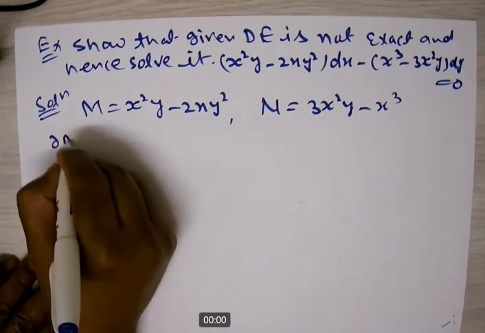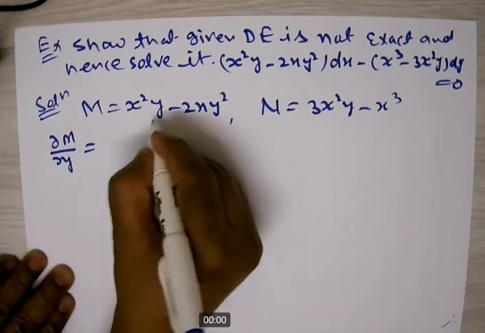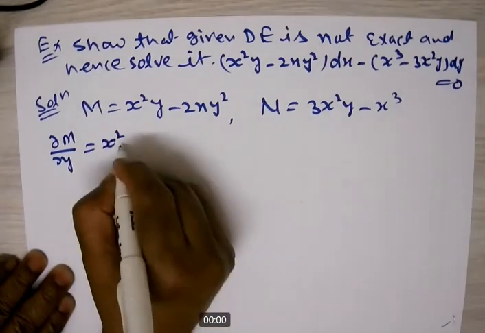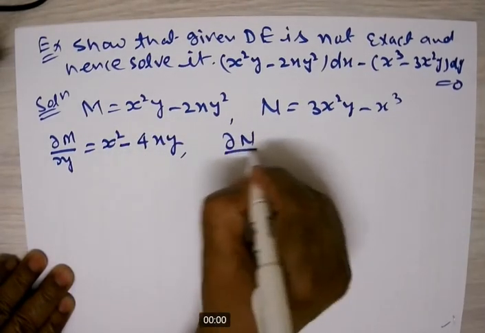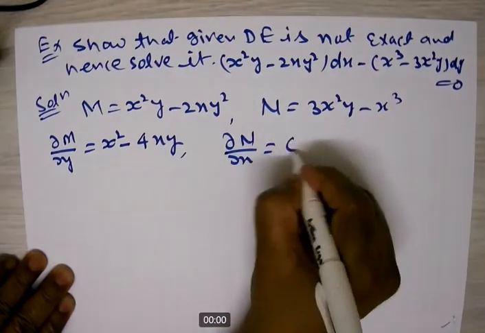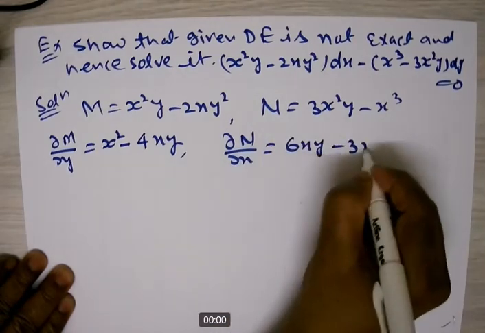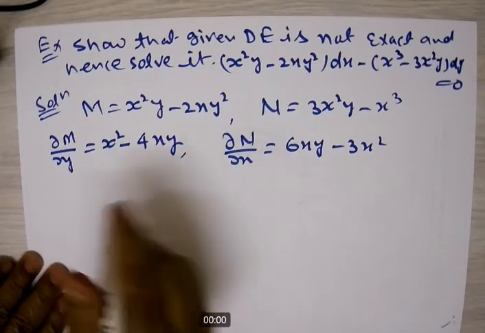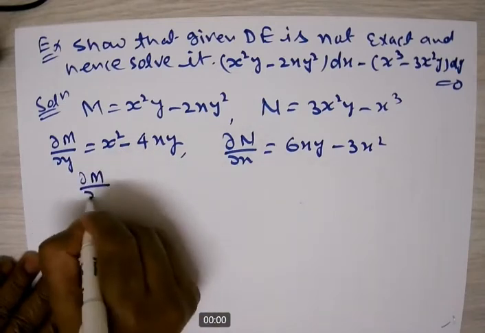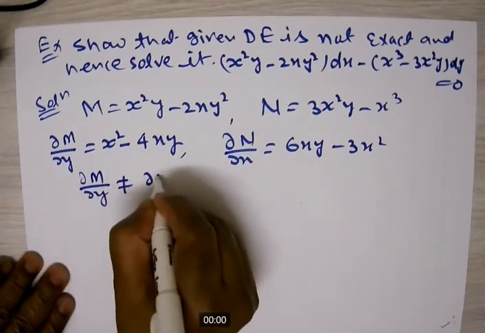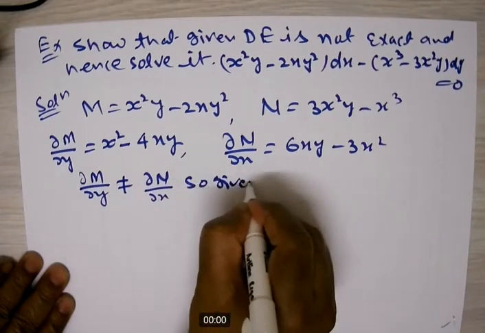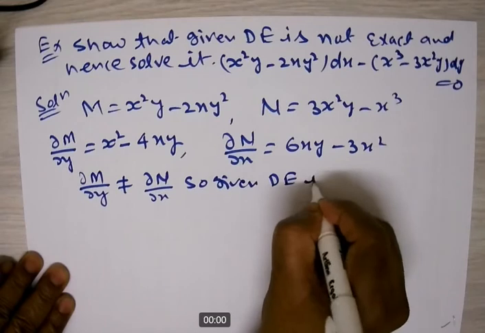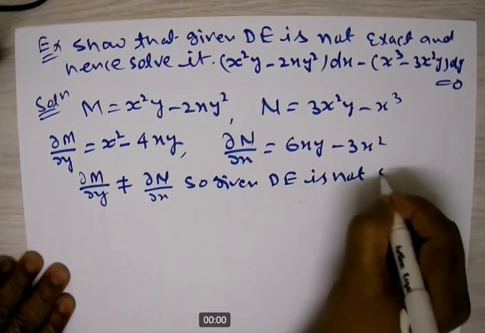Now write del M del y, which is x square minus 4xy, and del N del x, which is 6xy minus 3x square. See that this one and this one are not the same. That means del M del y is not equal to del N del x, so the given differential equation is not exact.